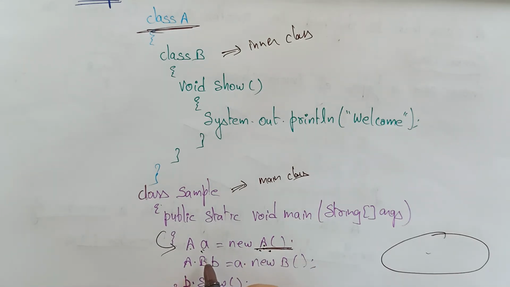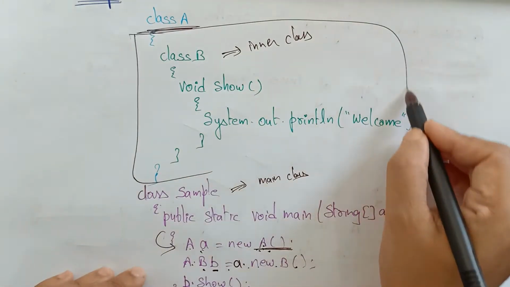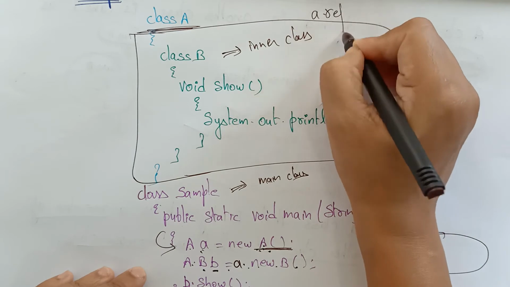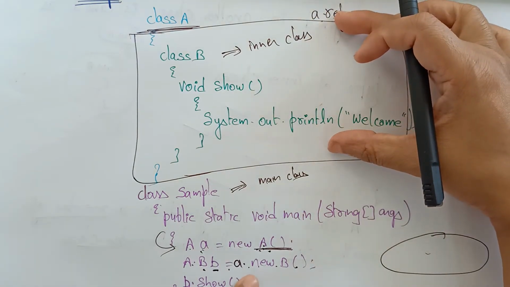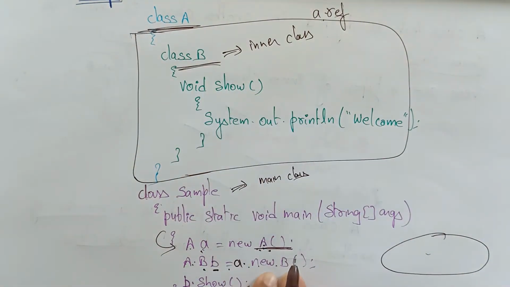Now here, A is class A, and B is the inner class. So I am creating an object reference of inner class: B b = a.new B(). What is a? a is the reference of class A. With the A reference, I am creating a new object, B, which will be referred to with another reference, the B reference.